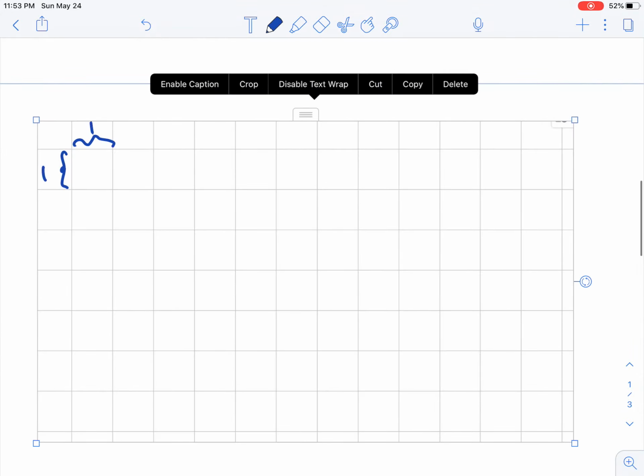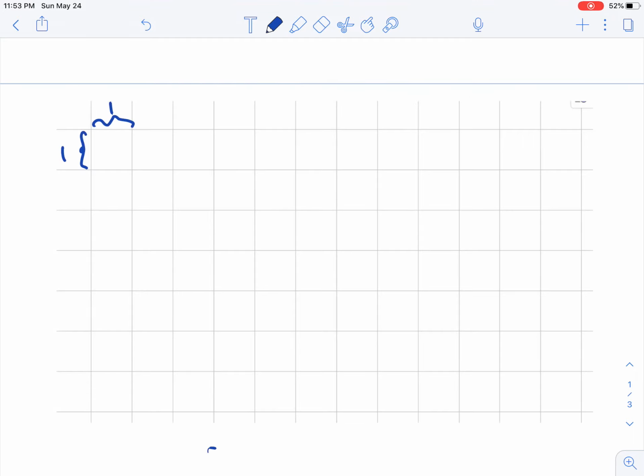Kung meron tayong diagonal ng grid, ibig sabihin ito ay 1, and this is also 1, and this is a right triangle, and this is the hypotenuse, di ba?